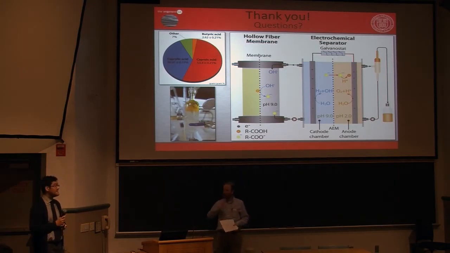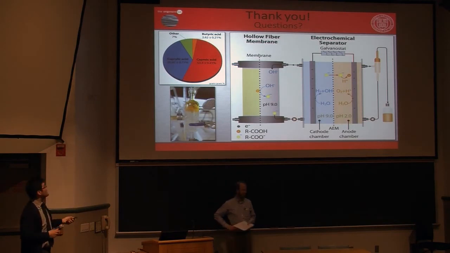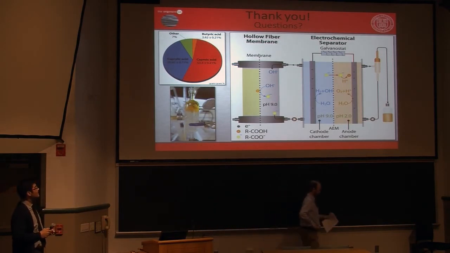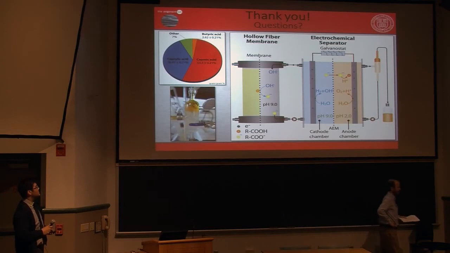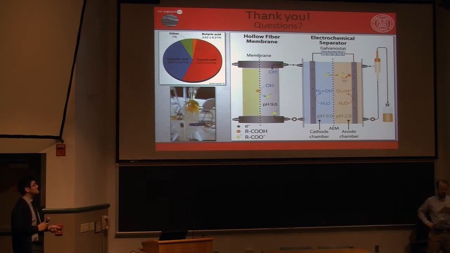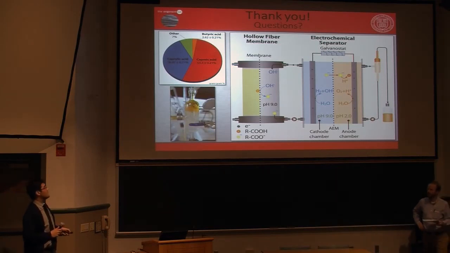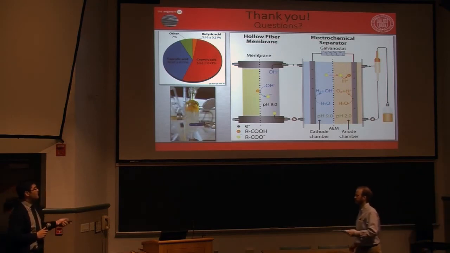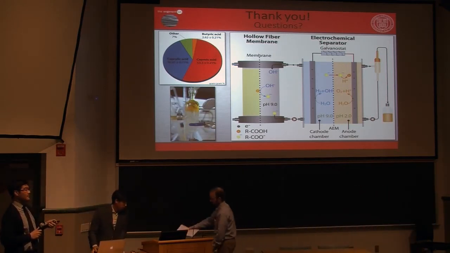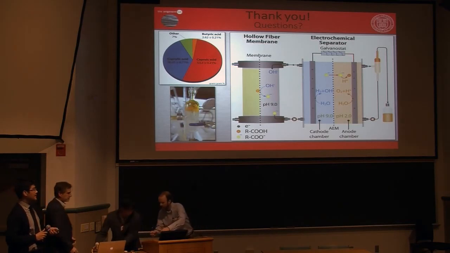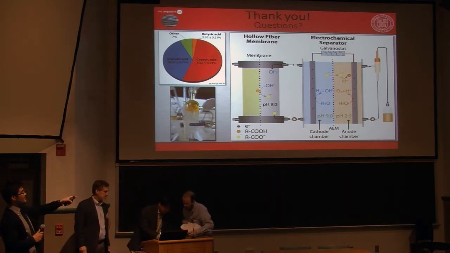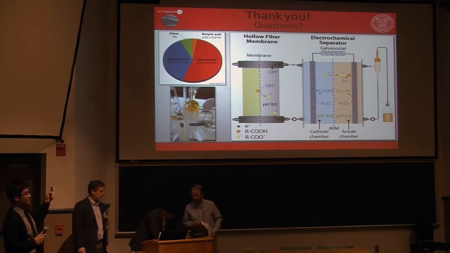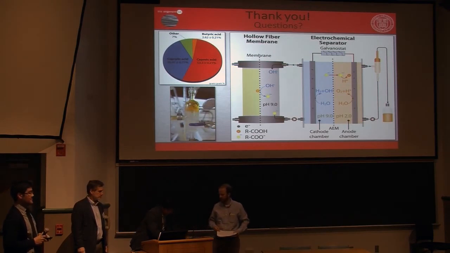Can you tell me how to calculate the Coulombic efficiency? Yeah. We take the current, and then we look at the charge of whatever is going to get acidified for the carboxylates. Then we look at the product and calculate off of that, and the transfer rates.